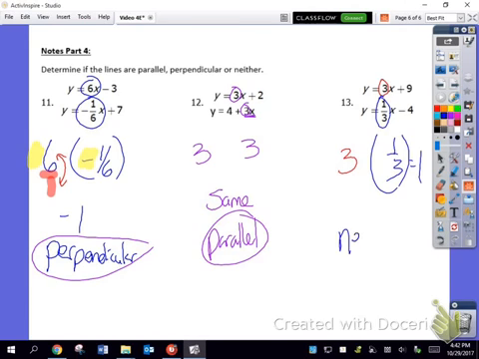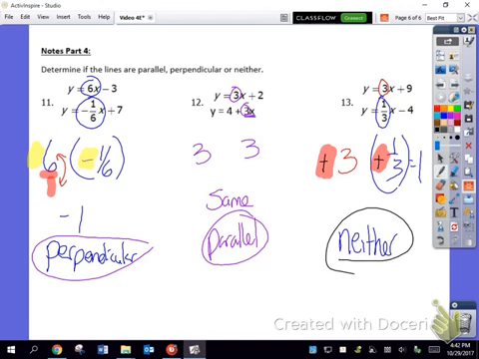So this would be neither. The reason is this is a positive and that's a positive. They are both a positive. You can't have them both a positive. They have to be different. And so that's why it is neither. And that's how you determine if they're parallel or perpendicular. And that's how you write equations for perpendicular lines.